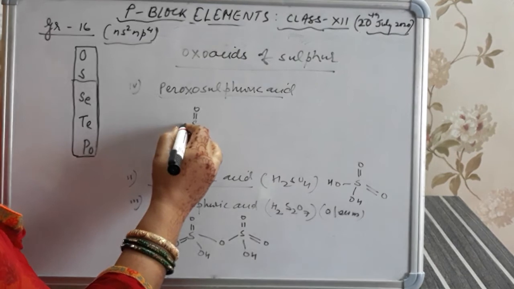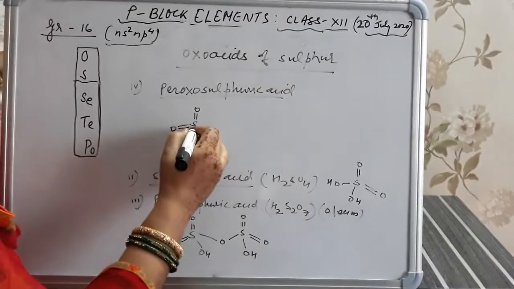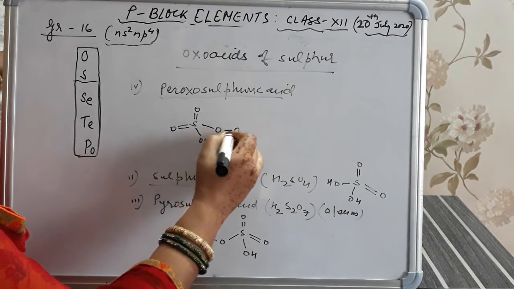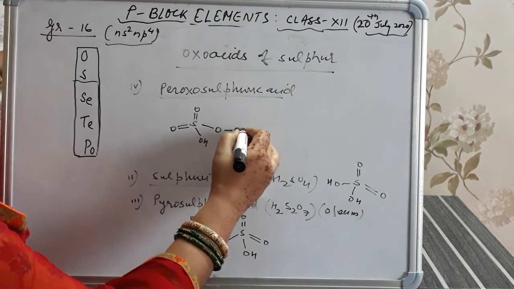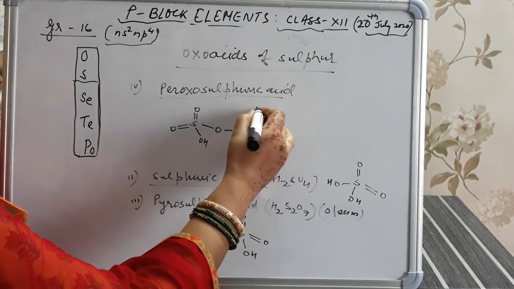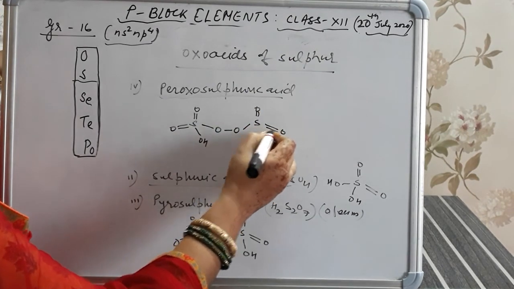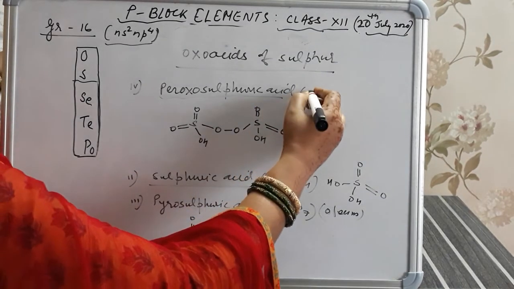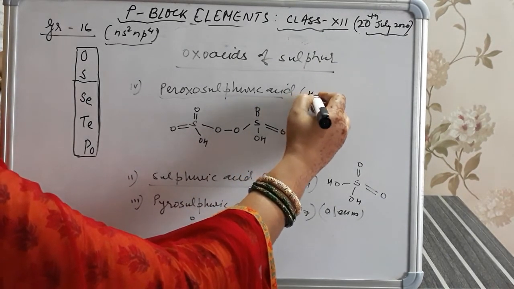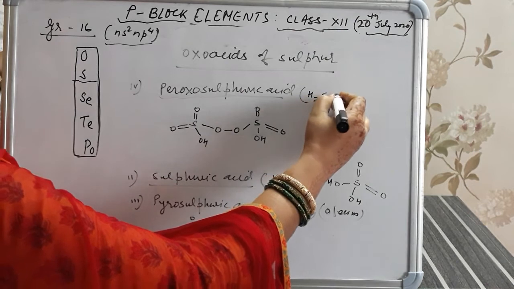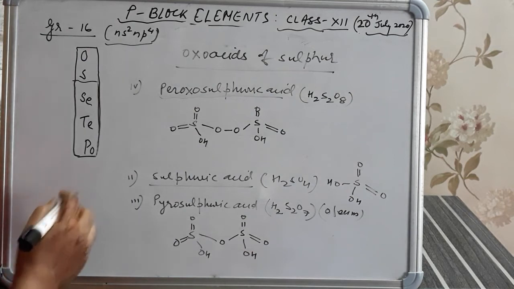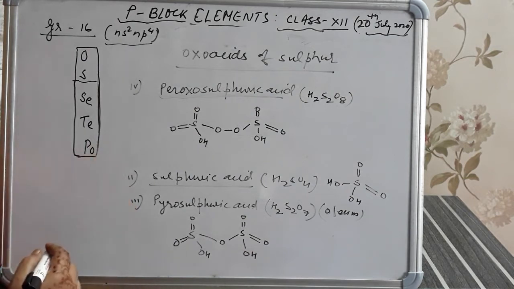So like this: double bond O, OH, O, single bond O, this is the peroxo, and sulfur, double bond O and OH. This is the structure of peroxo sulfuric acid, and the molecular formula is H2S2O8. So a number of oxo acids are shown by sulfur, but we will study only 4 or 5.